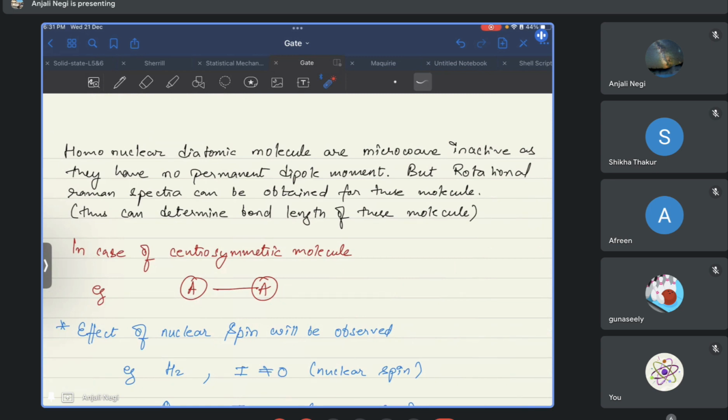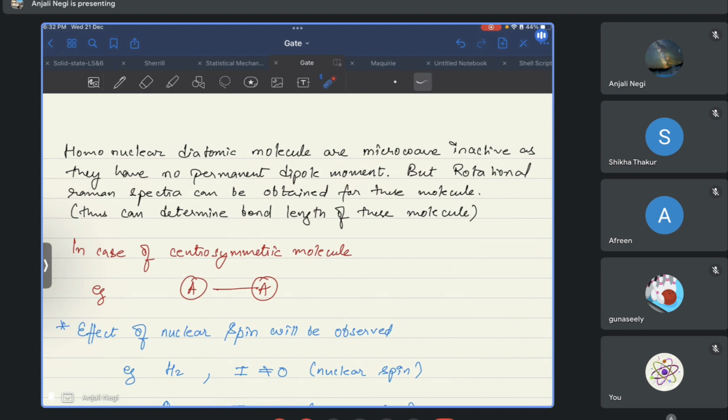Now the problem that we have is not that simple. We have to note that homonuclear diatomic molecules are microwave inactive, as they have no permanent dipole moment. So they are inactive in simple rotational spectroscopy, but we can actually obtain the rotational Raman spectra for homonuclear diatomic molecules.